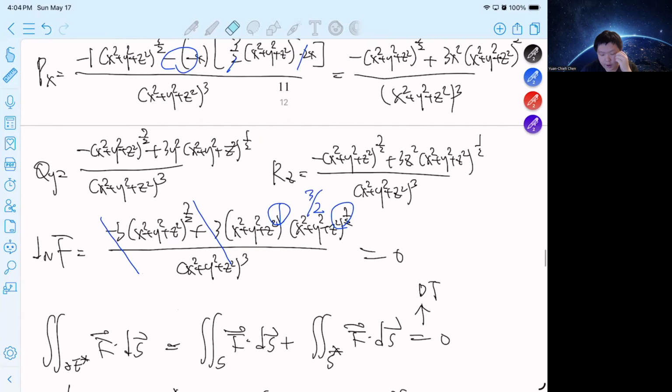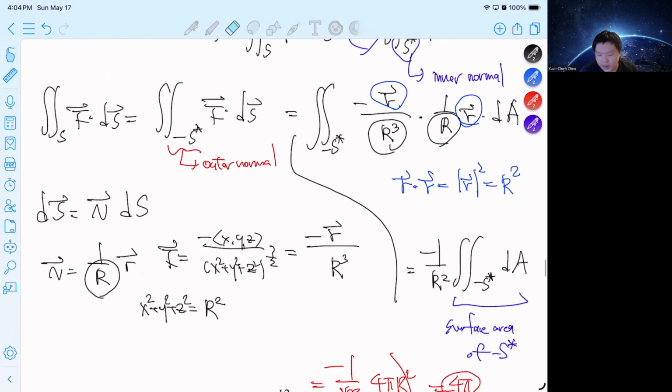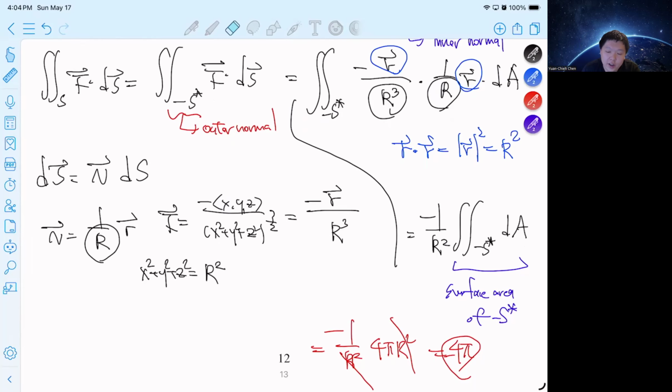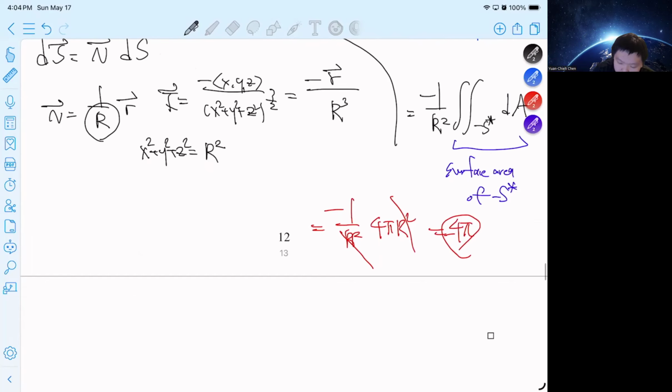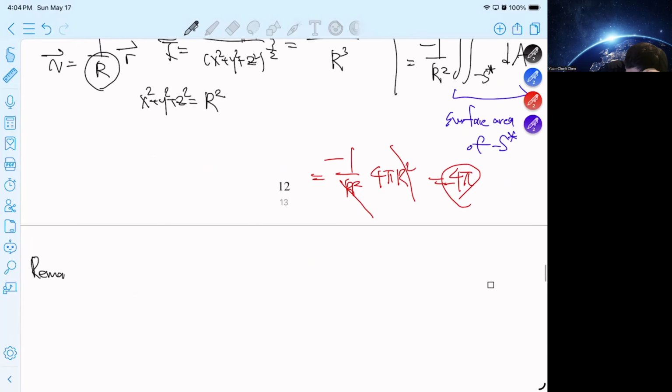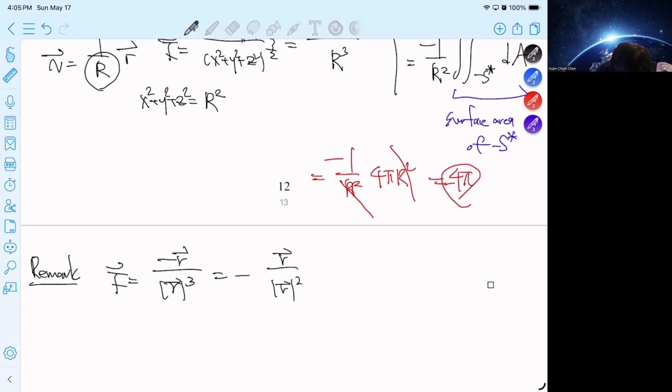If we scoop out something, then we can also try to use the divergence theorem. It's just that the calculation is a little bit hard. And I want to say something more. This 4 pi is actually pretty common in physics. Remark: if F looks like this, negative r over r to the power 3, maybe you recognize this.